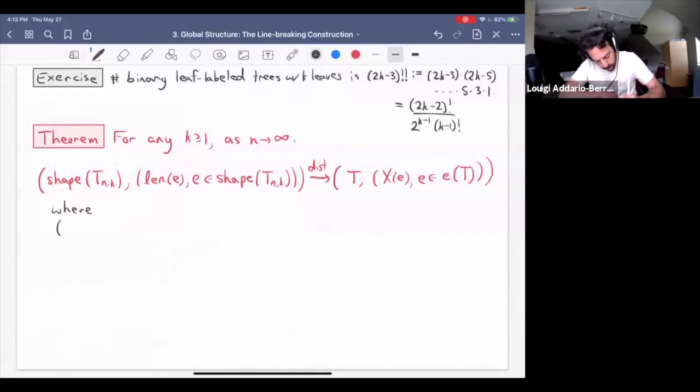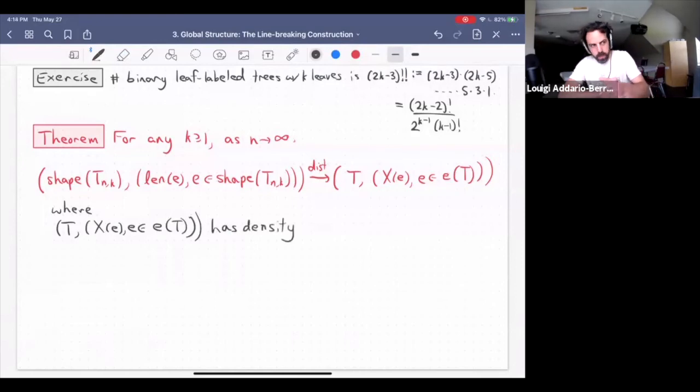So this pair, T and X_E, can be described by its density.